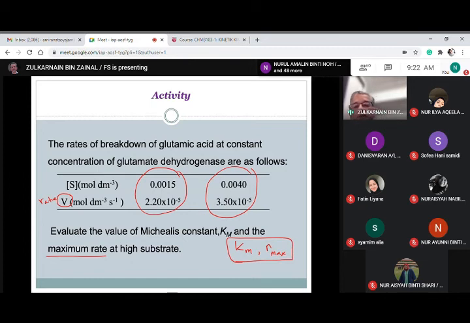So what you can do is write it in the form of equations and just solve for Km and R max. Right? So you write two equations and solve for Km and R max.